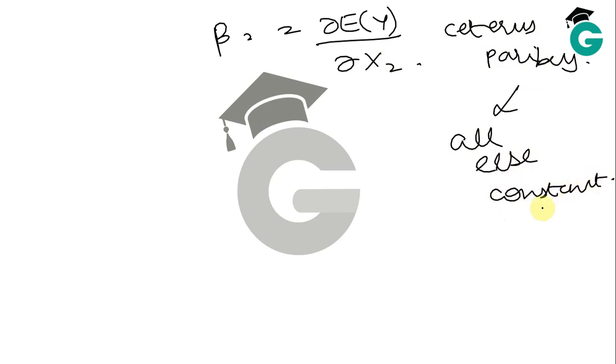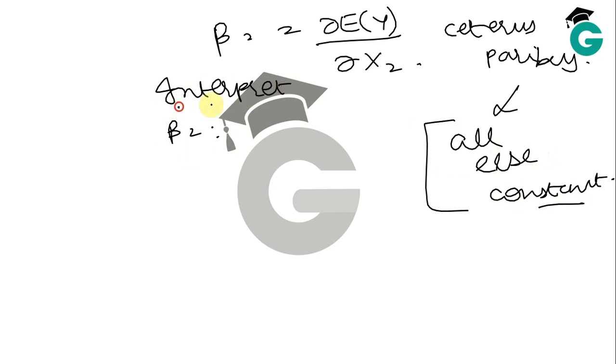This is the same kind of condition that you must have studied when you first studied partial derivatives. Something you're asked multiple times in MLRM is how to interpret beta 2 or beta 3, that is, interpreting the slope and the intercept coefficients. The intercept is nothing but the average value of y when the x's are 0, like I just explained.